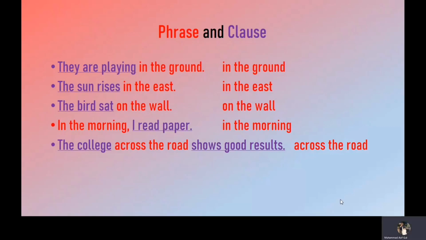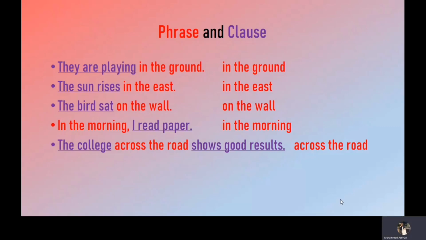We fully understand when someone says they are playing. So such a group of words which can stand on its own, which conveys full meaning independently, is called a clause.